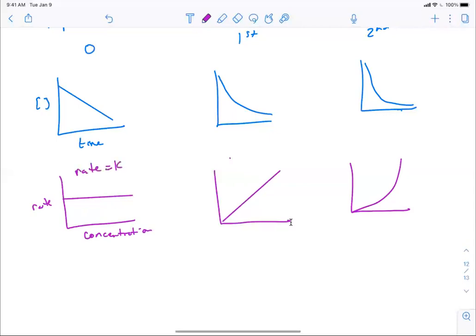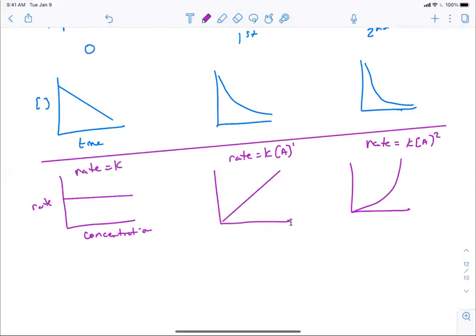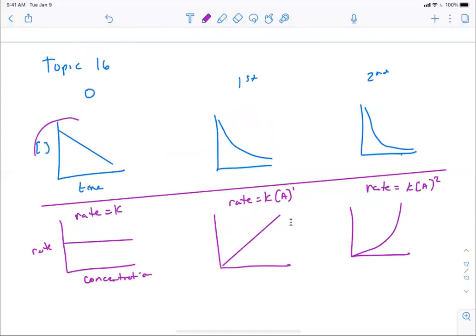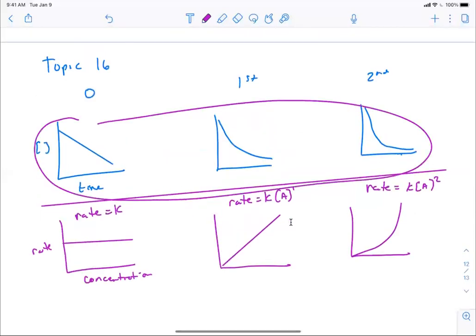Rate equals K, rate is equal to K times A to the first, and then rate equals K times A to the second. So these graphs here below this line are pretty intuitive because they're just mathematical functions. I think understanding how these graphs and the slope of those graphs are the rate helps you, are important to memorize, to be able to identify what order of reaction is occurring.